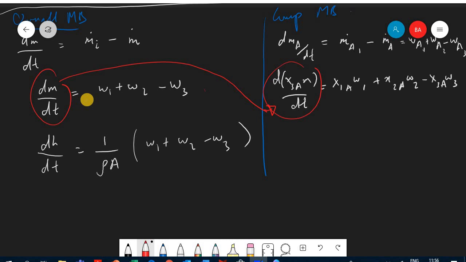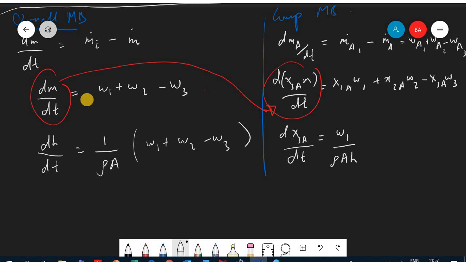And here I'm going to skip some terms, if you excuse me, so that I can just write the direct final equation that we had obtained. In this case, I want to know how much x3 is leaving the system, how the composition is changing, which is equal to W1 over m, and in this case m is rho into volume, which is rho A h.